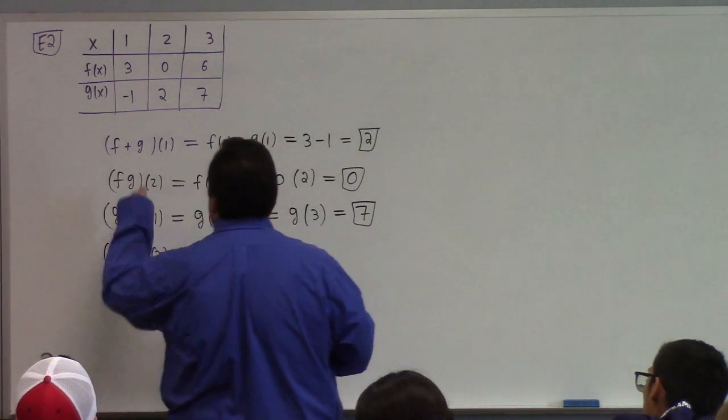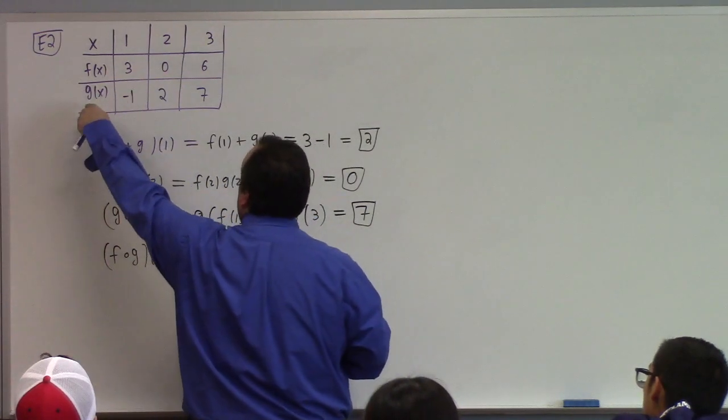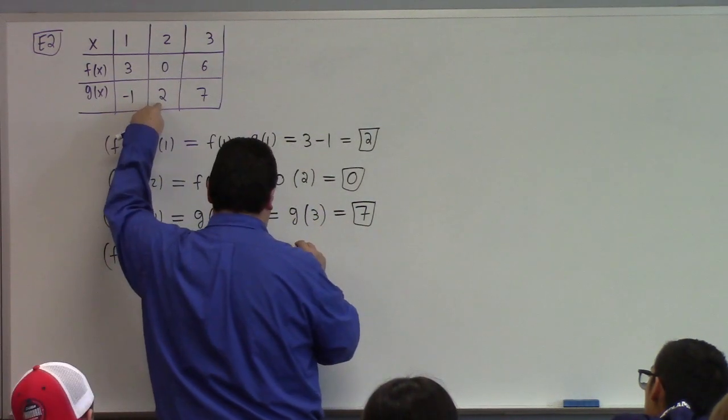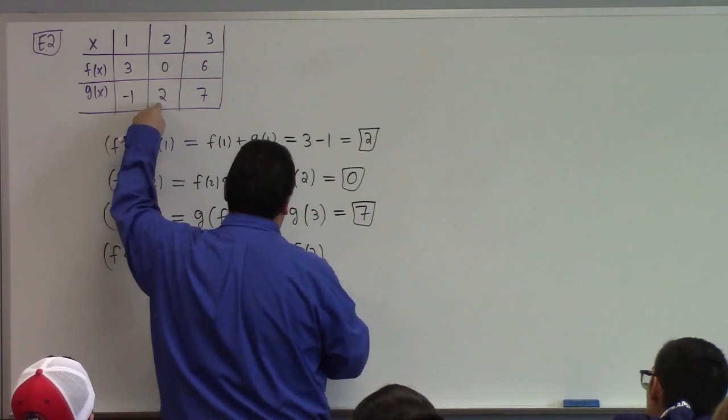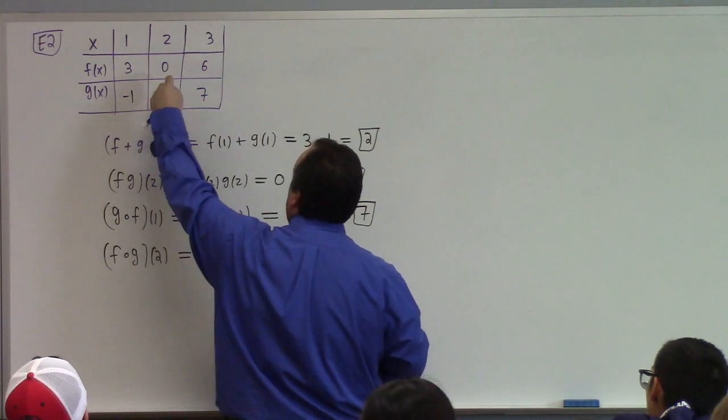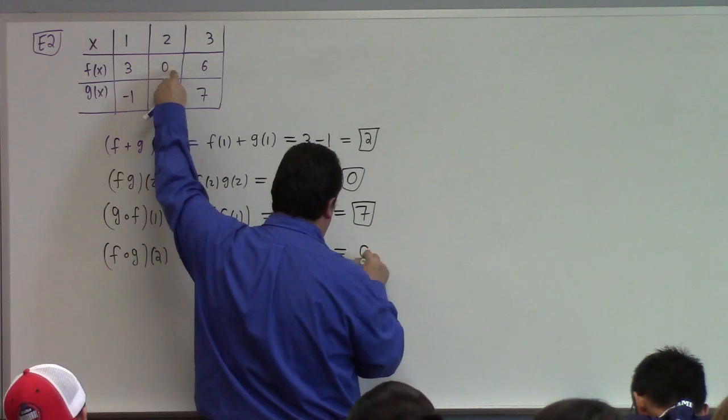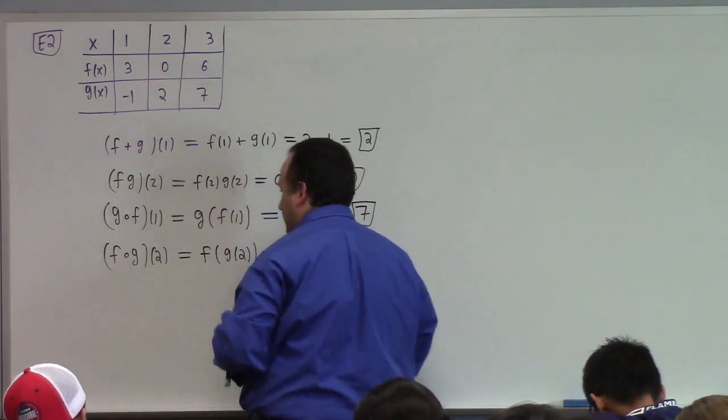What is g of 2? G of 2 is equal to 2. So we have f of 2. What is f of 2 equal to? Well, 0. There you go.